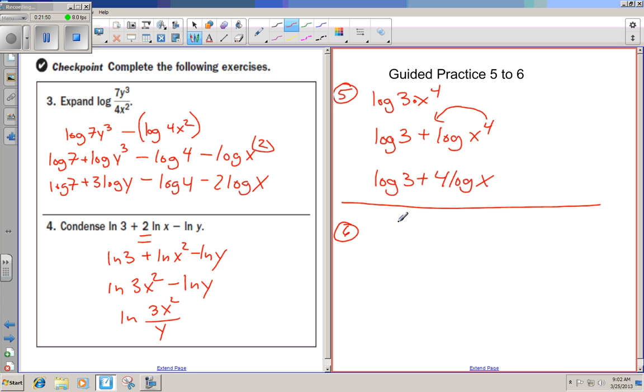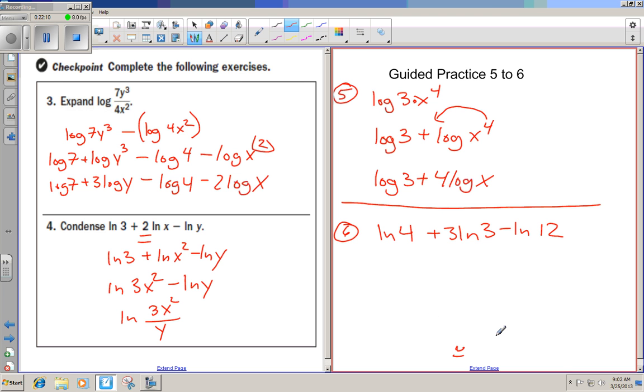Number 6, condense ln 4 plus 3 ln 3 minus ln 12. Okay, you actually could, if you were asked to evaluate this, you could evaluate this by typing into your calculator.